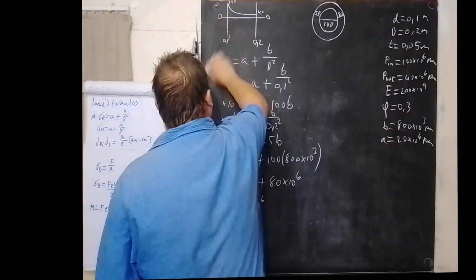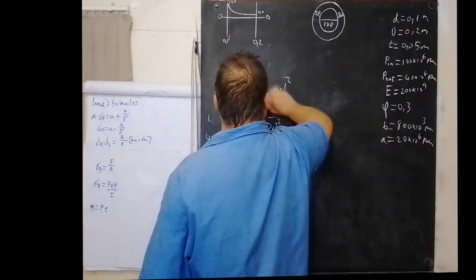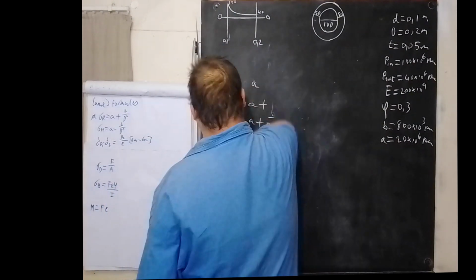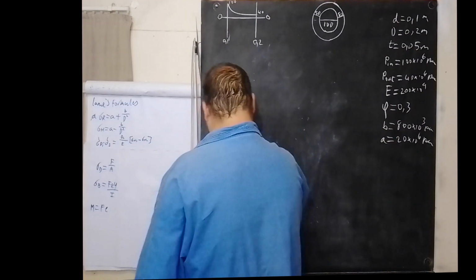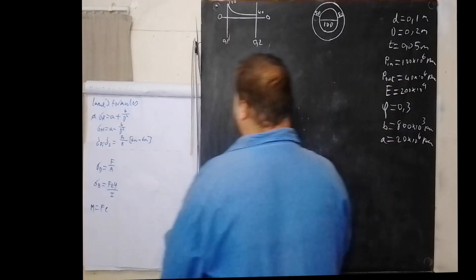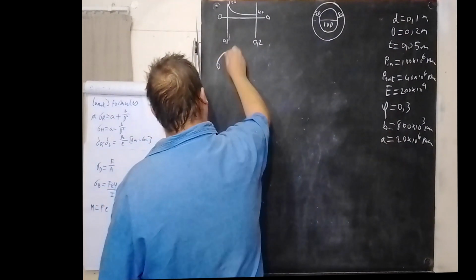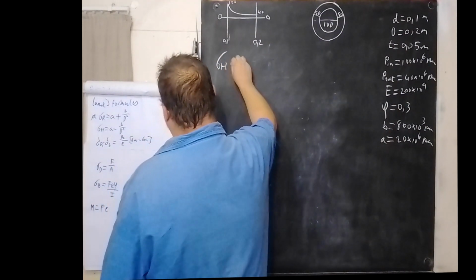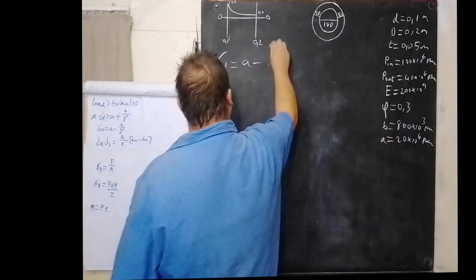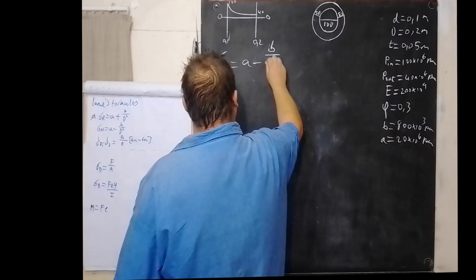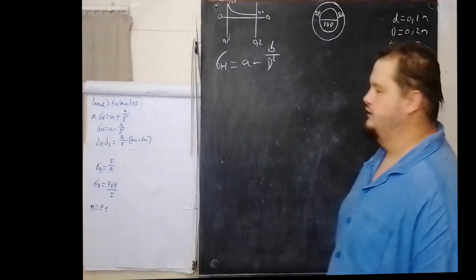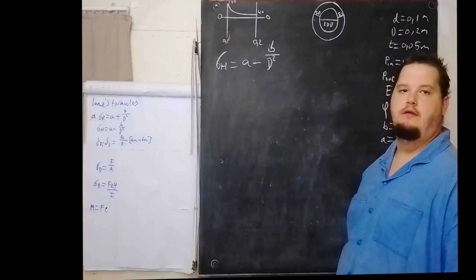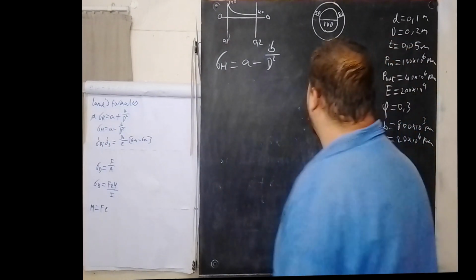So all we have to do is say hoop stress. Now the formula for hoop stress is very similar to the one we've just used, in that all you have to change is A minus B over D squared. You just change the plus to a minus. That is all you have to do.